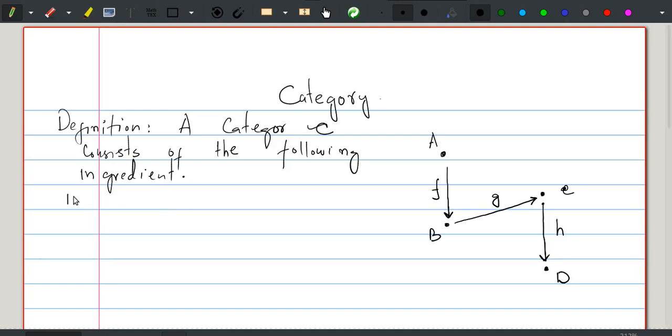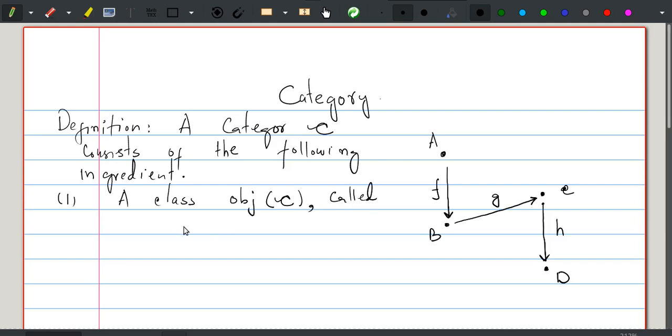So the first ingredient is it consists of a class, which we denote by obj of C. This class is called the objects of the category.